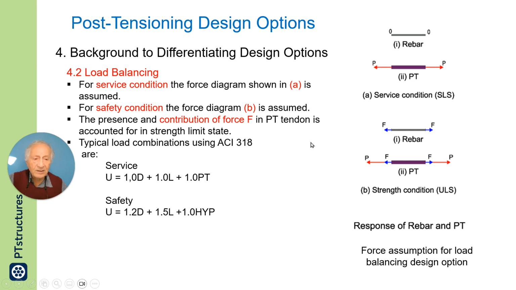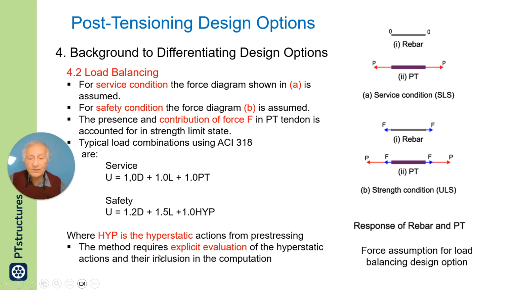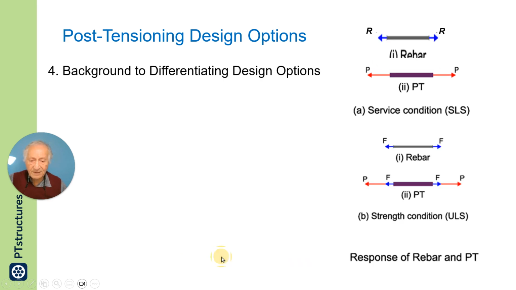The way ACI means is that for safety, you apply this to the structure now, and you calculate a set of forces in the member as a result of this, and you call them hyperstatic, and you put them here. Hyperstatic, HYP, is the hyperstatic action. The method requires explicit evaluation of the hyperstatic value.